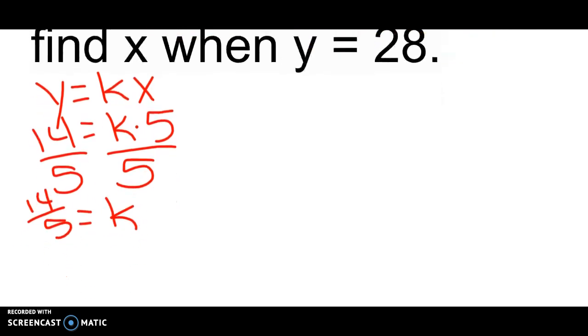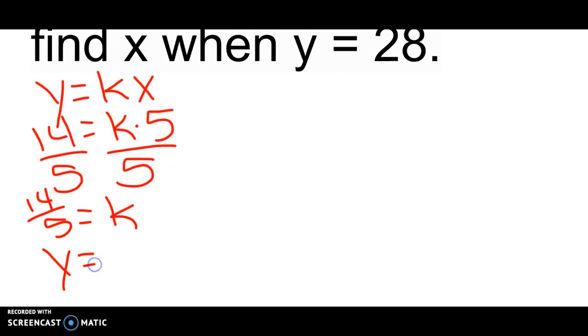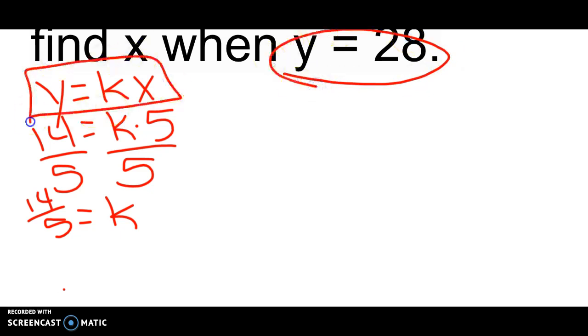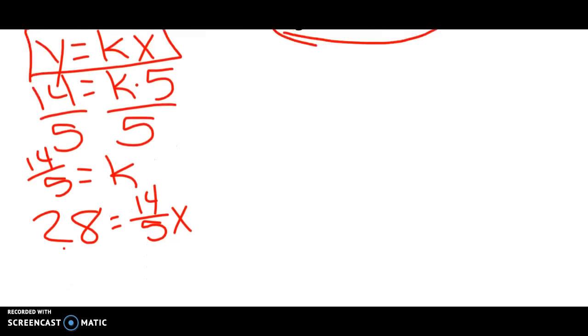That's great. And then you plug it back in, and now we already know the other half of this point, so it's 28. So instead of y equals kx, we're going to write 28 equals 14 over 5x. And then we solve it for x, okay? Once you calculate it, you get x is equal to 10.